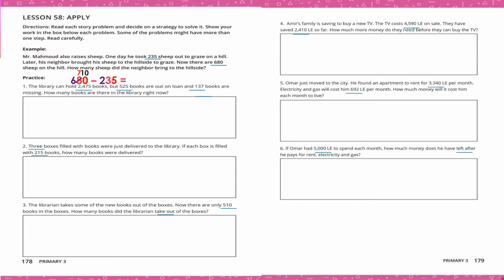Here I can solve. 10 minus 5, ones with ones, equals 5. 7 minus 3 equals, yes, 4. 6 minus 2 equals 4. So the number of sheep of the neighbor equals 445 sheep.